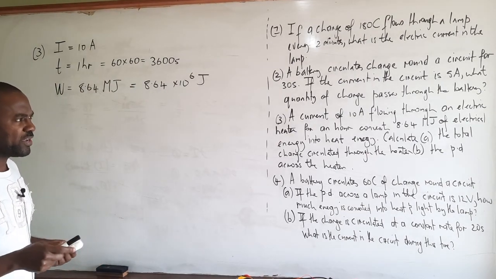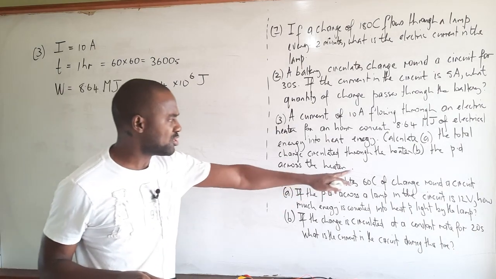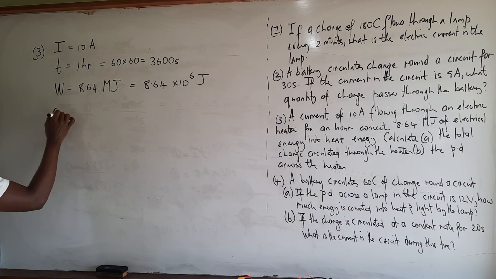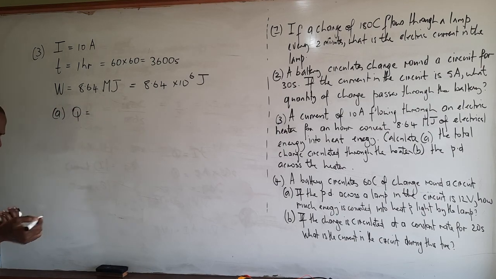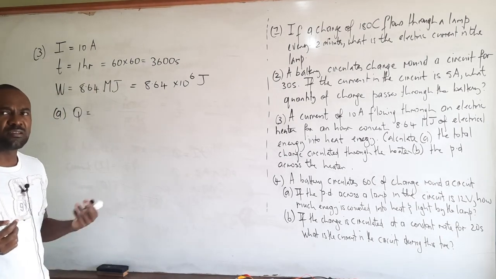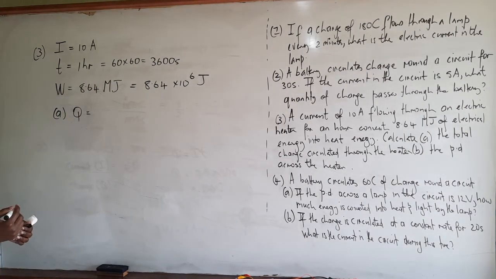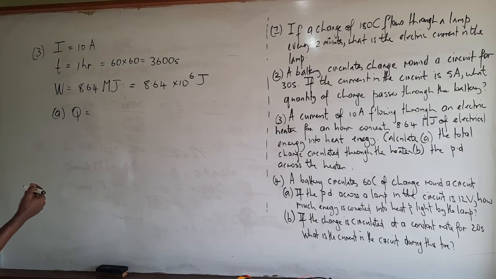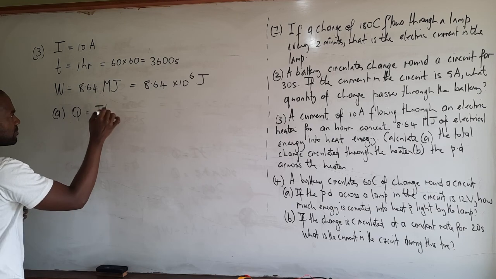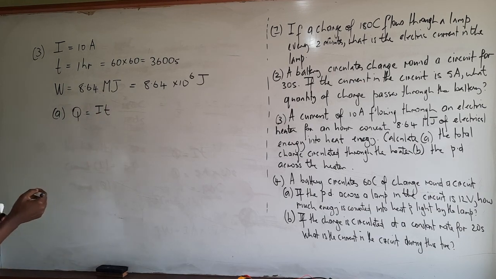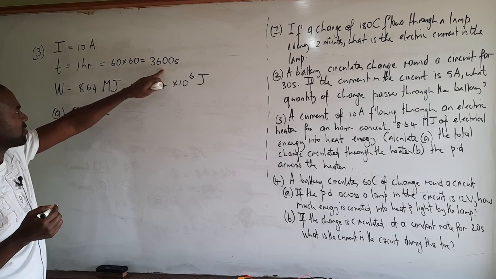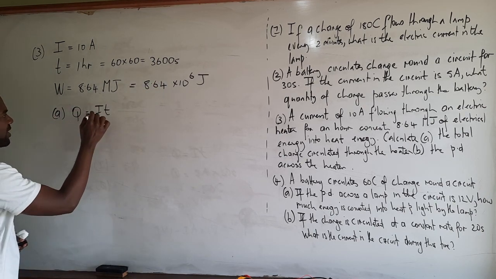In part A of the question, they want us to find the total charge circulated through the circuit. So in part A, we want to find the charge Q. The equation which relates current, charge, and time is Q equals IT. Since we have the current I, which is 10 amperes, and the time of 3,600 seconds, we can calculate the charge.